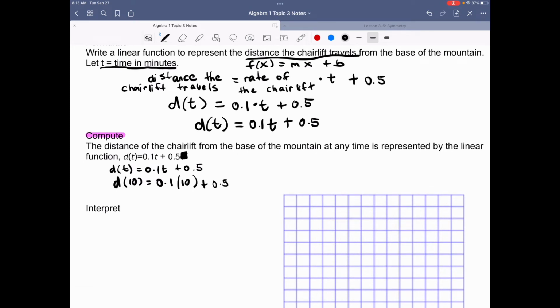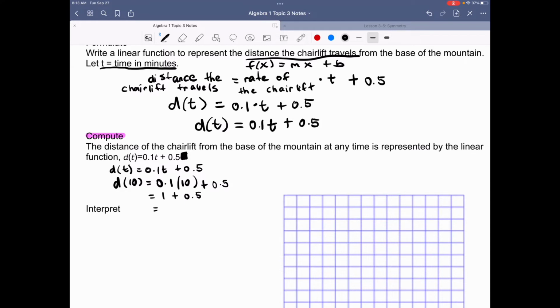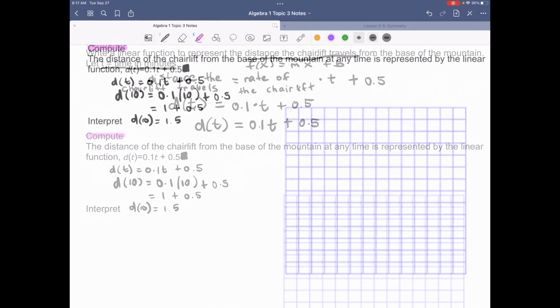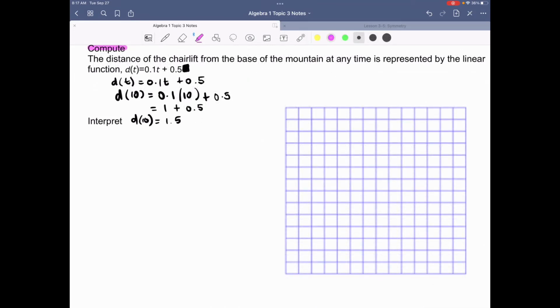And 0.1 times 10 is 1, plus 0.5, this equals 1.5. So d of 10 equals 1.5. Now we will need to interpret. We have here the distance in 10 minutes.